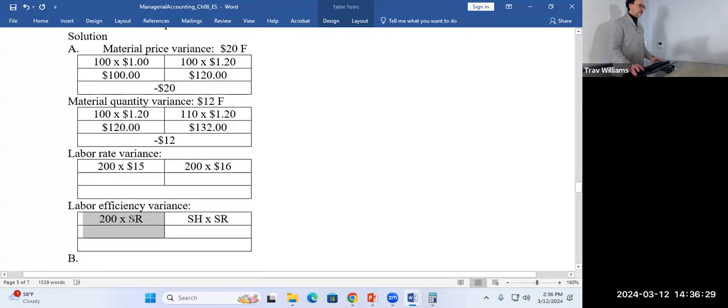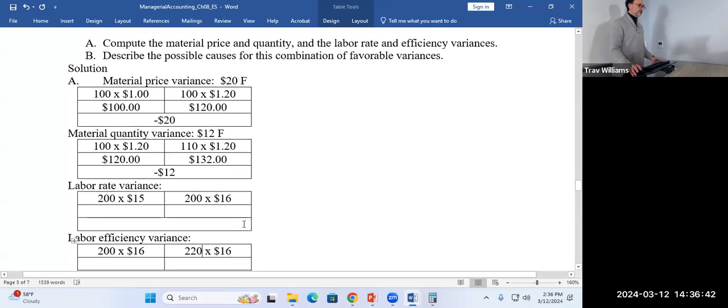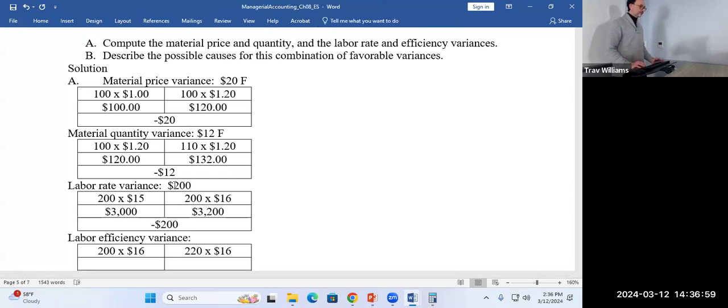That goes in 3 places. And standard hours is 220, right? Okay. Then we do our calculations. We get $3,000 over here, $3,200 over here, subtract, and we get negative $200. So our labor rate variance is 200 favorable.